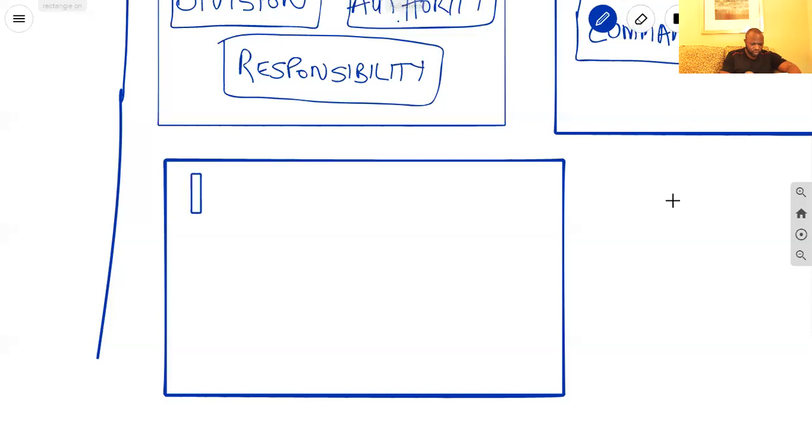And then we have one that focuses more on people-oriented matters. So we have people. And where we have people, we can break them down as follows.